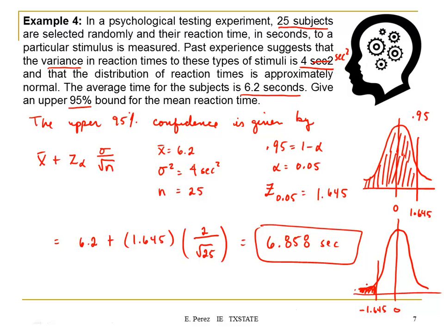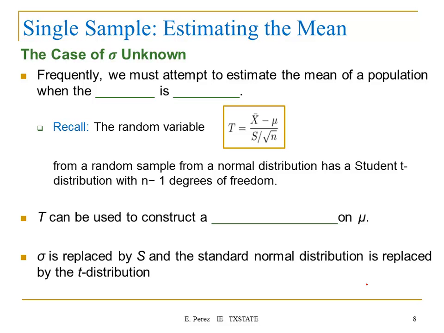So now we are moving to the next case, in which the standard deviation is unknown. So we don't know the information from the population. Frequently we must attempt to estimate the mean of a population when the variance is unknown.